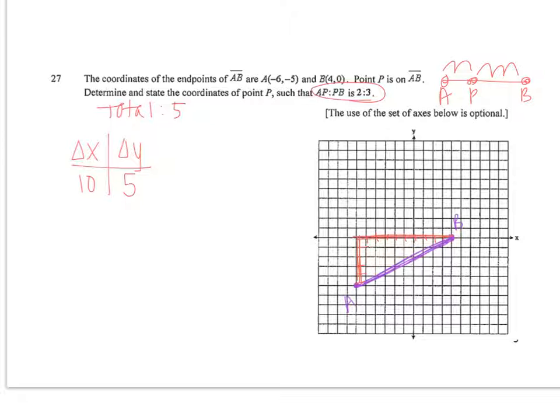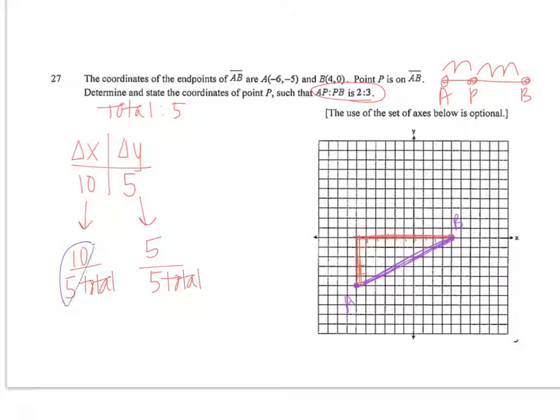So now that we know the changes, we're going to take those changes and divide it by the total number, which was 5. And then for the y's, 5 divided by 5 total parts, because we want to split it up evenly into equal values.